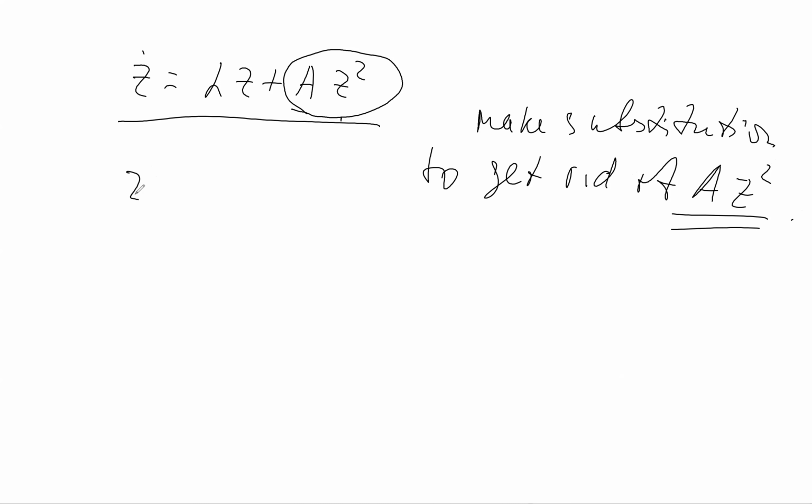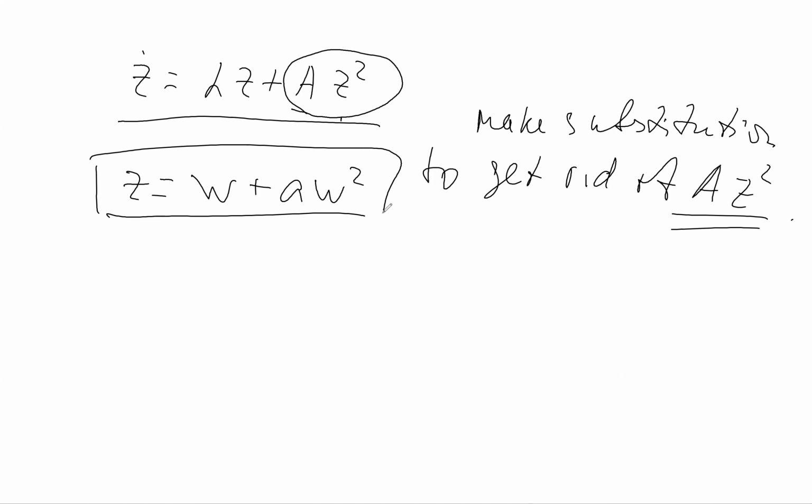This substitution is: z equals, not omega, it's rather w plus, let's say, a small a times w squared. Let's put it like this. Assume we could make this substitution.